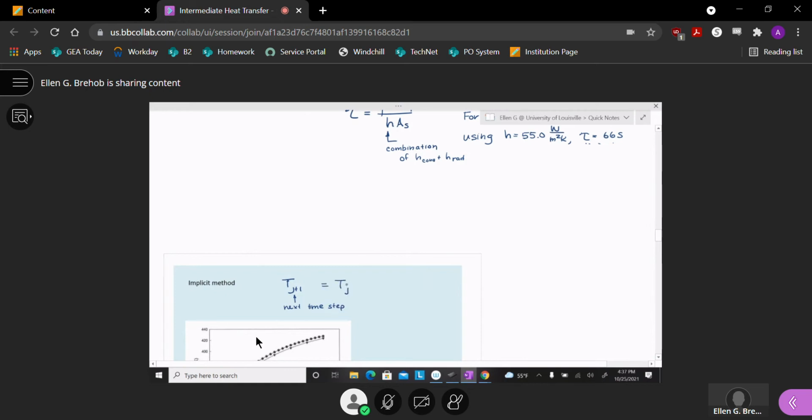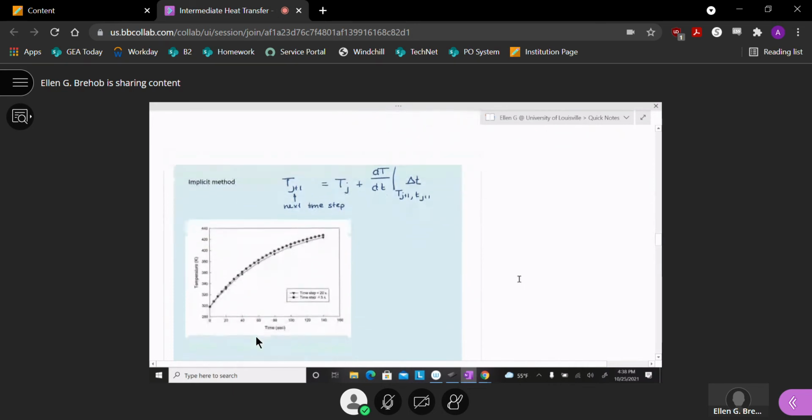And it's going to involve the old time step plus the gradient, so how the temperature changes, but for this time step I'm shooting towards.